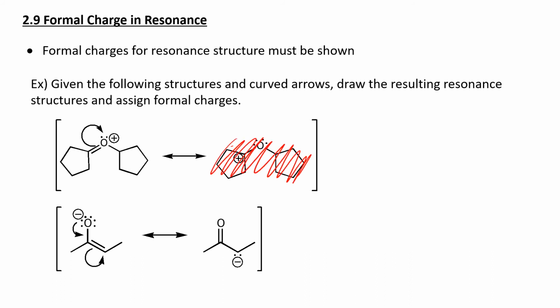Okay. Let's say you're just given the original resonance structure and the arrow here. And let's think about what's happening. I have a carbon atom that's sharing two pairs of electrons, has a pi bond there and a sigma bond, with an oxygen that has a positive charge and a lone pair. The tail of the arrow shows us that the electrons are moving from the pi bond to the oxygen atom.